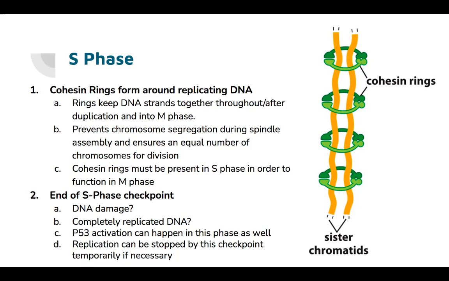And it also wants to make sure that P53 activation can happen in this phase, and that replication can be stopped at this checkpoint if necessary. And this is a big step also, because the cell really wants to take its time to make sure that all of the DNA integrity is intact, and it won't progress into the next phase, into G2, unless all these are checked.